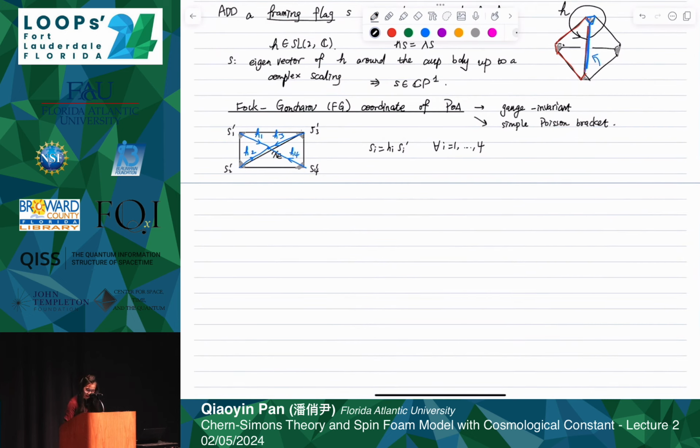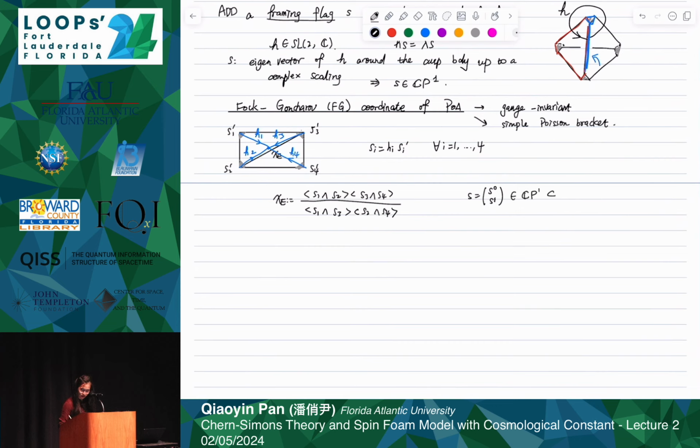Using these parallel transported framing flags, I define the FG coordinate as a cross ratio, which is the product of inner products of S1, S2 and S3, S4 over, in the denominator, the same with S3 and S2 exchanged. And what is this inner product? Because the framing flag is an eigenvector of the holonomy, in the fundamental representation I can write it as two components, Si0, Si1, which I told you is in CP1.